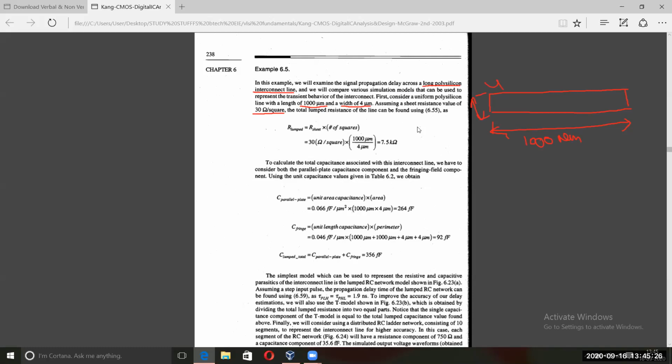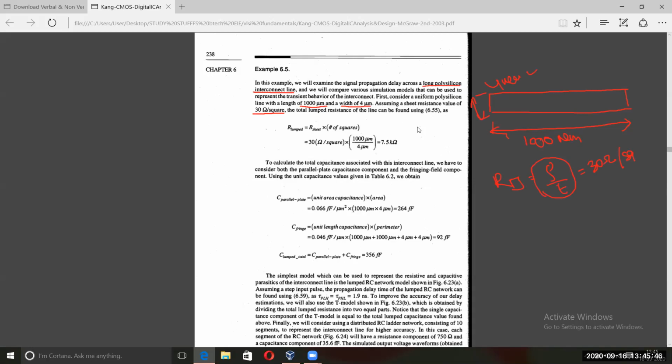Okay. So you know the sheet resistance R sheet, that is rho by thickness. That is given because thickness is constant. So here we are not dealing with any thickness. That is 30 ohm per square.